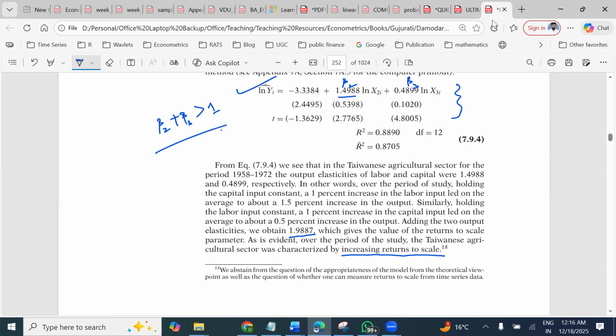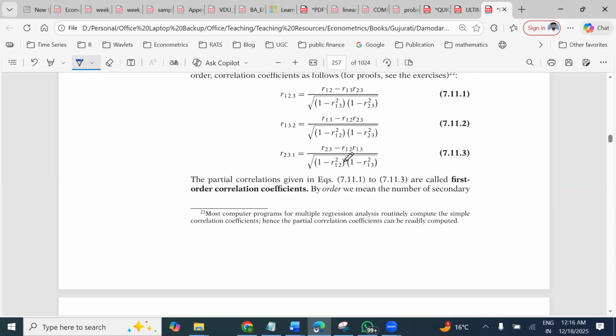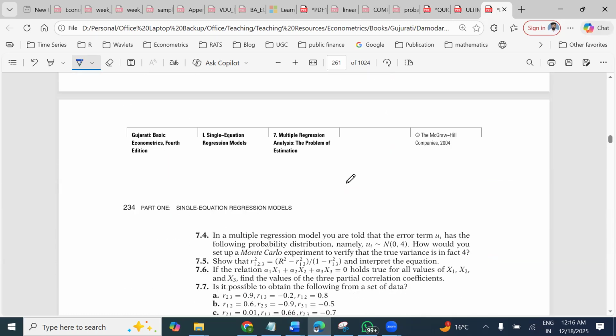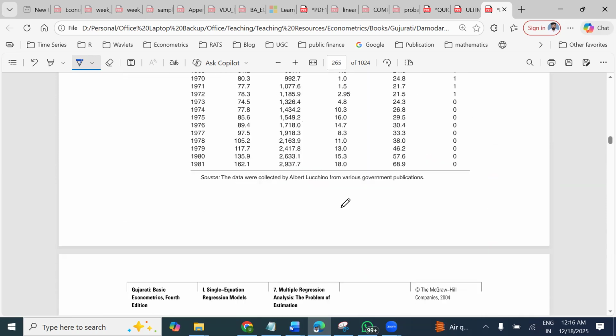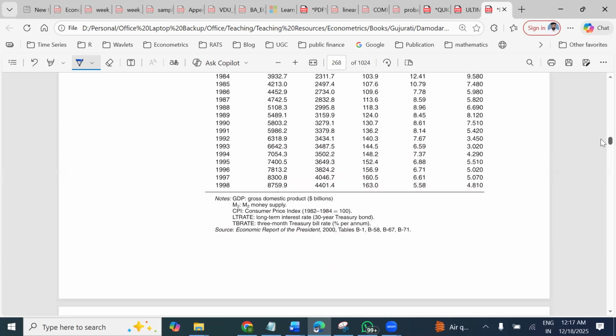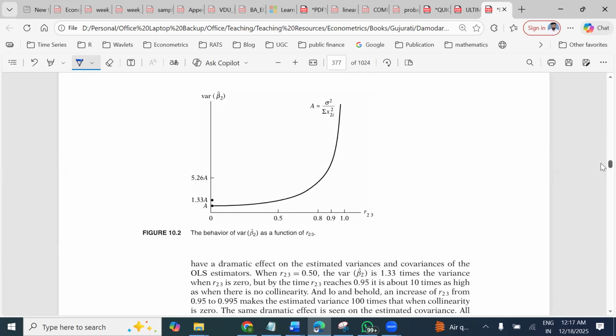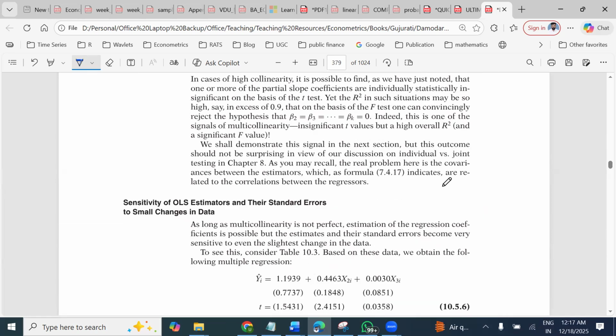So now we will quickly go to the autocorrelation chapter. You can verify, because that is why I told you always refer to the books whenever required. If you go to autocorrelation, check the page number, because you have the same book.